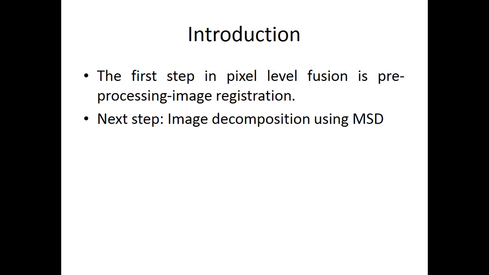This registration process needs to scale up or scale down one image as compared to the other image. Registration also involves the translation and rotation of the images so that those two images can be aligned in a proper manner for the fusion process.